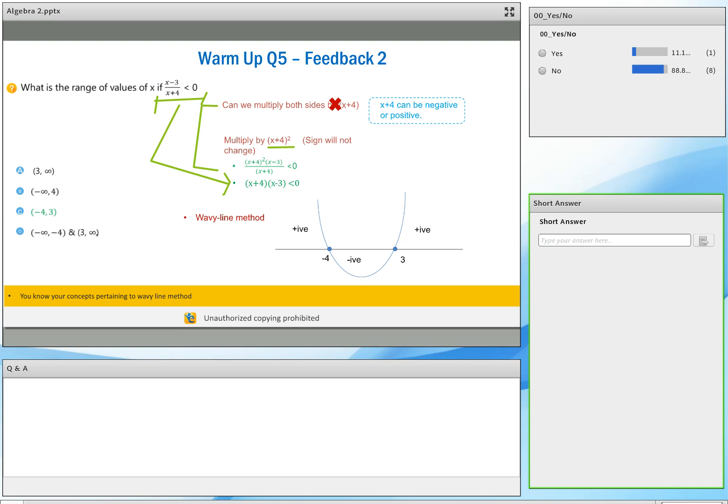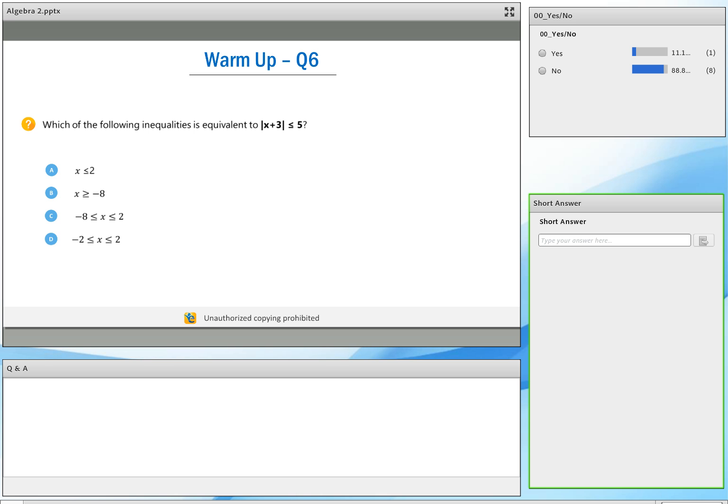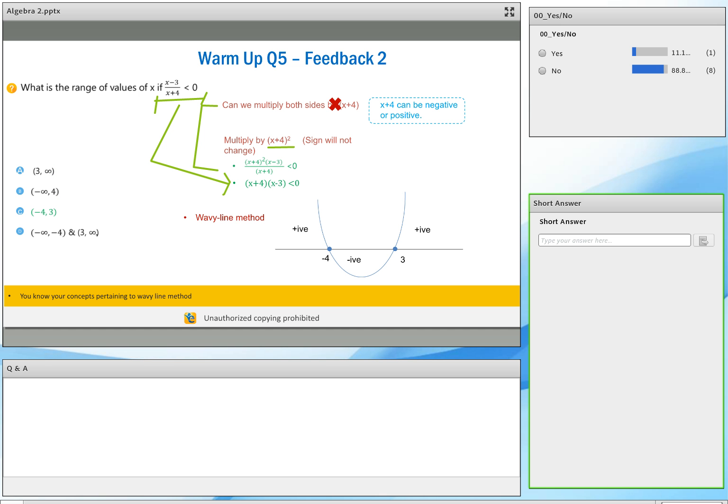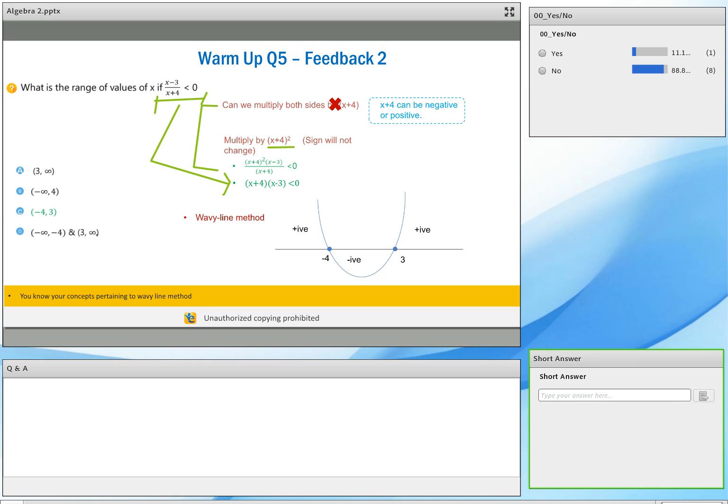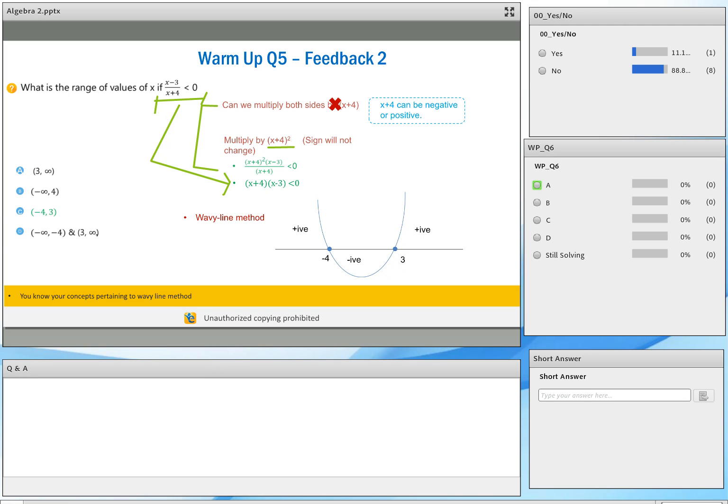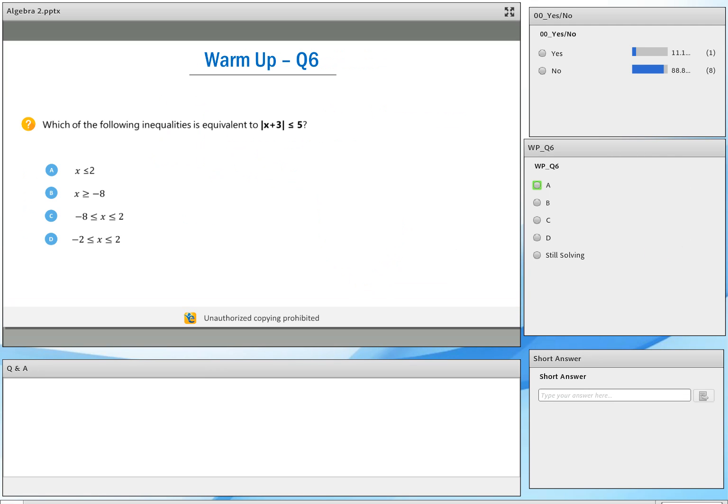All right, so let's now move to question number 6. I'm going to give you the poll for that. All right, can you please click on still solving? Hey, you guys know the drill now. All right, there you go.